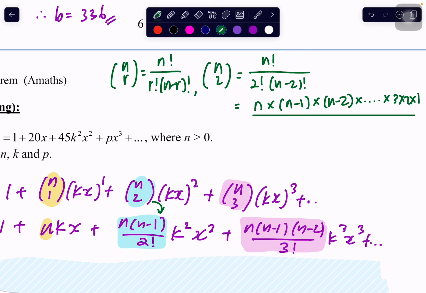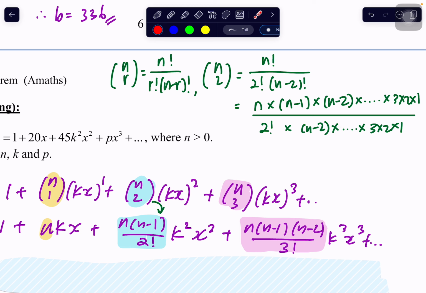For the denominator, I have my 2 factorial, and based on the definition of factorials, I start off with n minus 2 and then multiply all the way to 3 times 2 times 1. Each term that comes after is always 1 lesser than the one before.